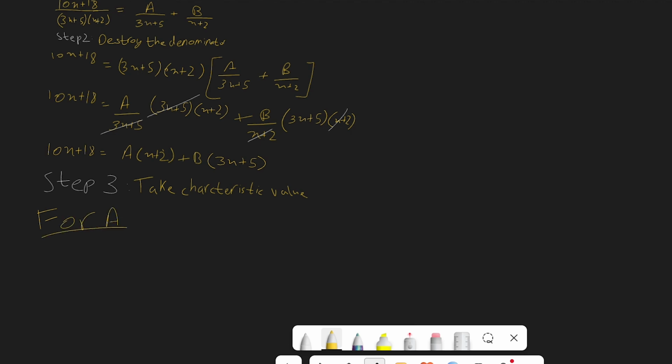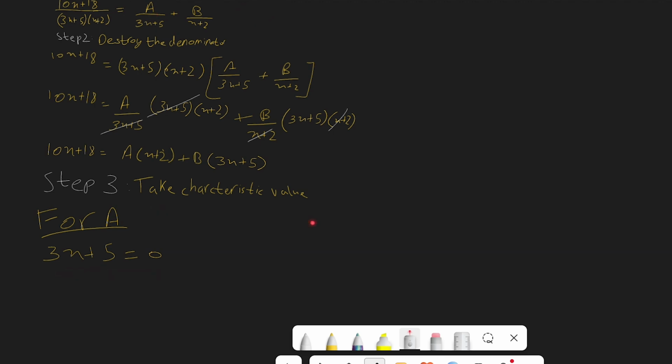For a, what we will do is 3x plus 5 is equal to 0. What are we putting to 0? The original denominator. We put that equal to 0, and putting a denominator equal to 0 is known as the characteristic value.